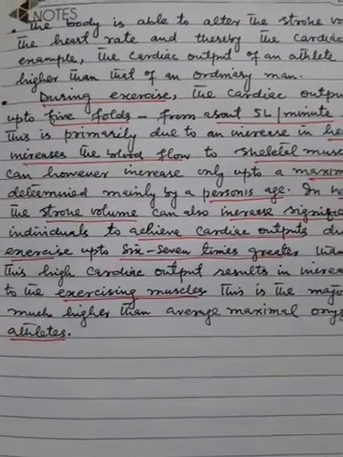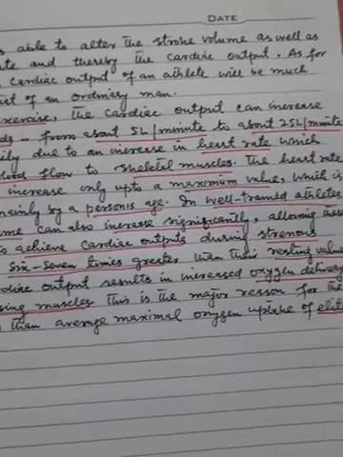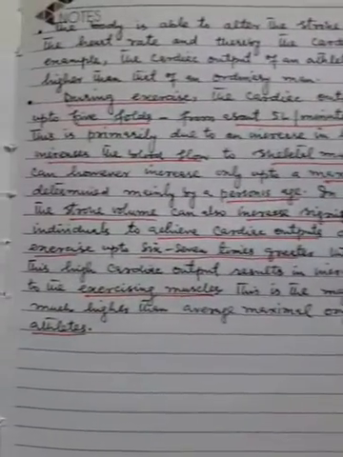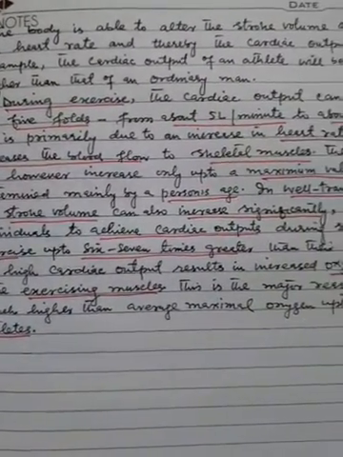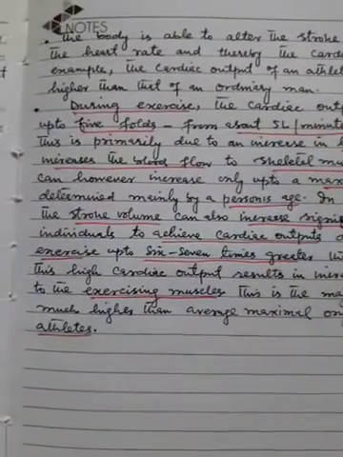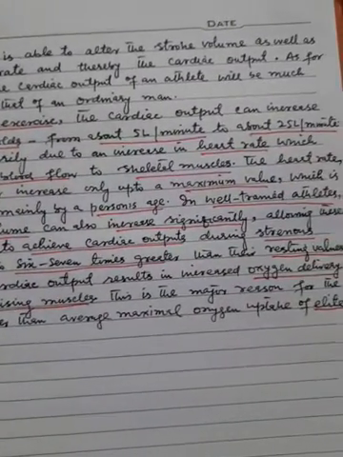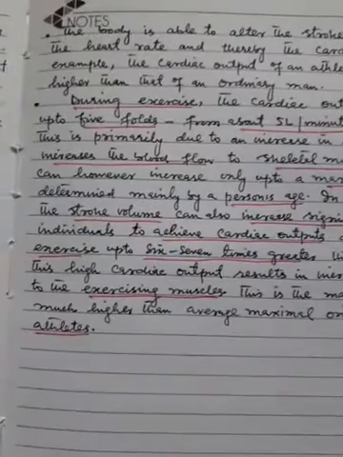This high cardiac output results in increased oxygen delivery to the exercising muscles. This is the major reason for the much higher than average maximal oxygen uptake of elite athletes.